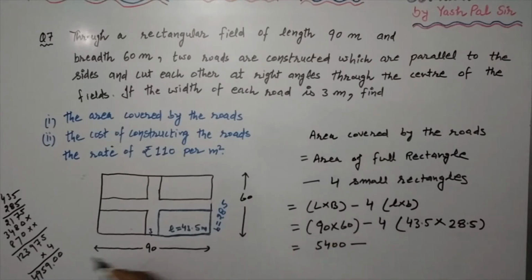Thereafter multiplying with 4, the answer is 4959. Now we subtract and get 441 meter square. This is the area which is covered by the roads.